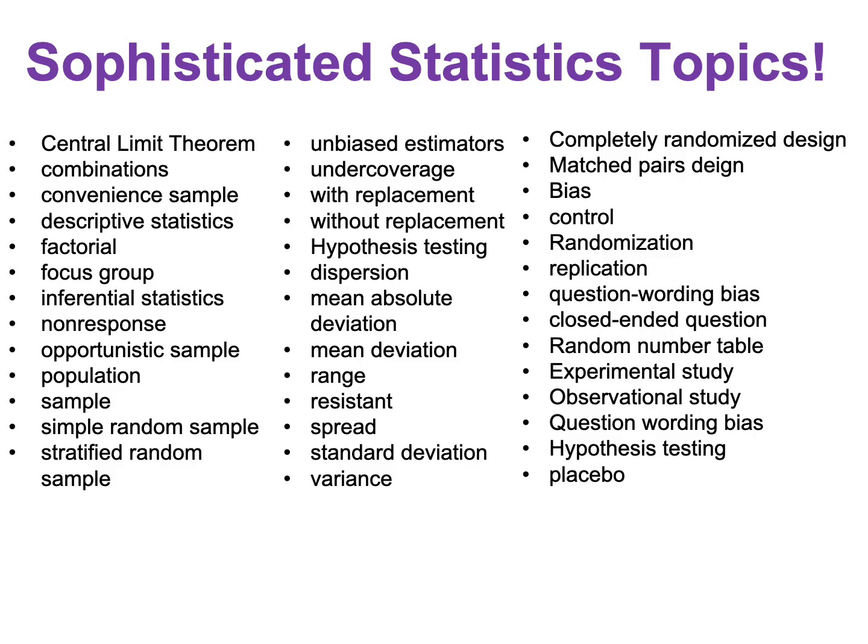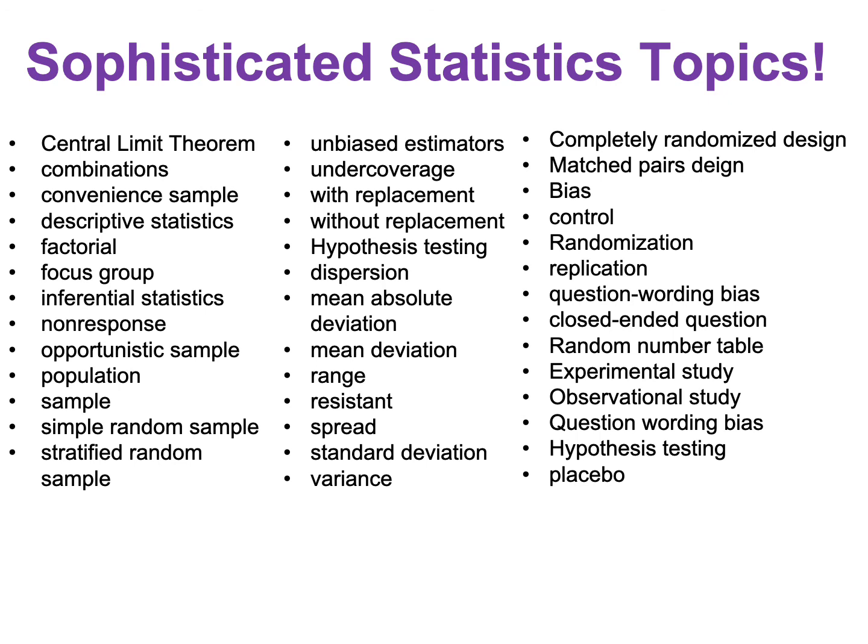The Advanced Algebra with Financial Applications program includes many sophisticated statistics topics. The central limit theorem, combinations, convenience samples, hypothesis testing, random number tables, mean absolute deviation. Just take a look at this list. One of the nice things about it is that statistics don't have a lot of prerequisites.